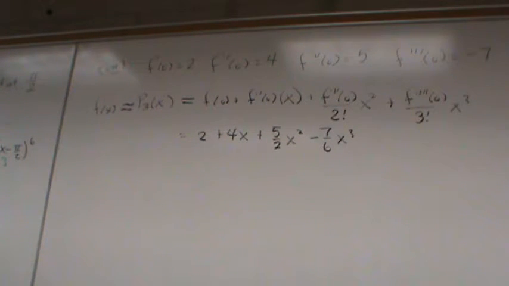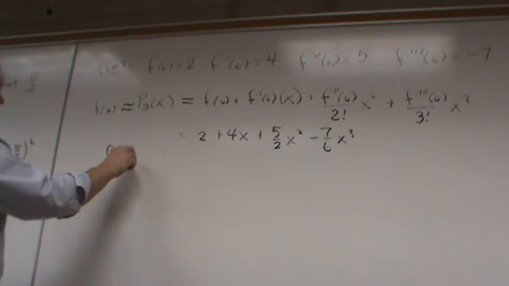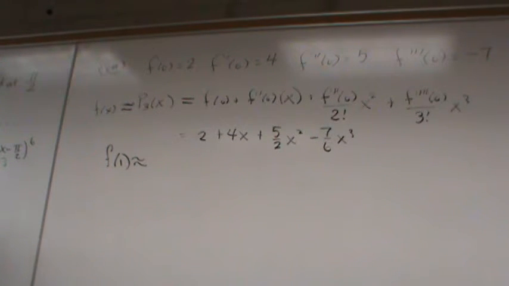And so, again, I don't know what the function is, but I can get an approximation of f of 1. You tell me. What's f of 1 approximately equal to? How am I going to get an approximation for f of 1? Yeah, plug it in.